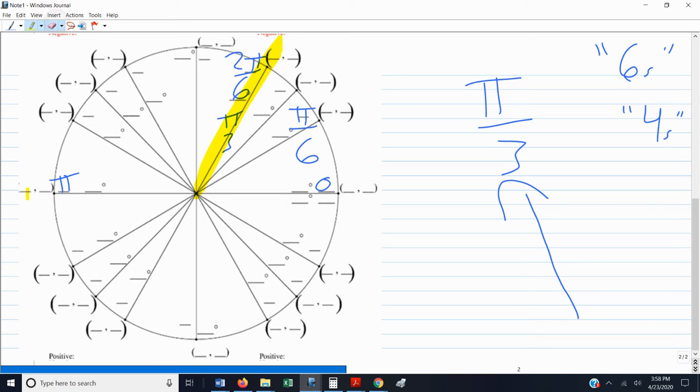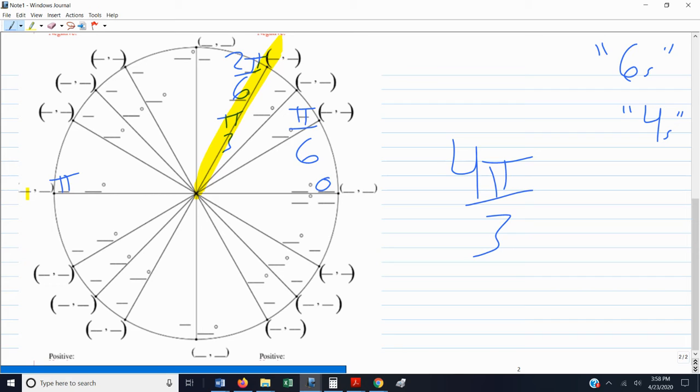Okay, the next one we're going to look at is 4 pi over 3. Are we going to get to that radian measure by going around by 4s or going around by 6s? That is, again, going to be going around by 6s.